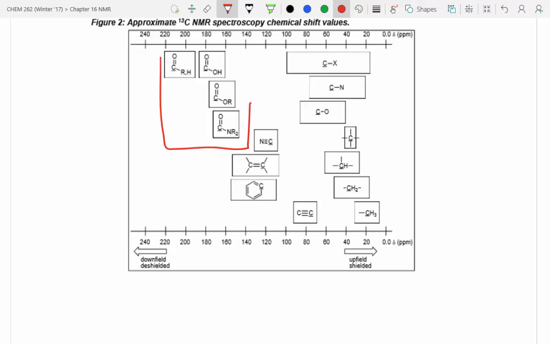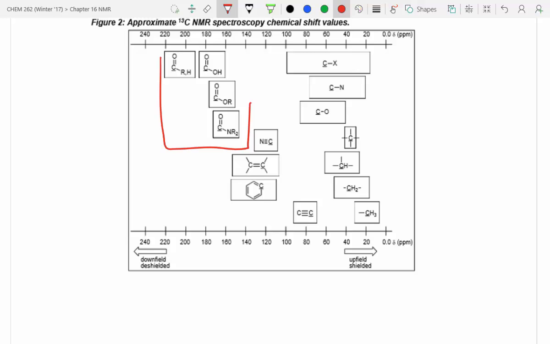So you can see the scale for carbon NMR is much, much bigger than proton NMR. It goes from 0 to 220. Typically, these show up really far downfield, and why do you think that is? The carbon-oxygen double bond. Yeah, if you think about the dipole there, that's a really, really strong dipole. So these show up way downfield.